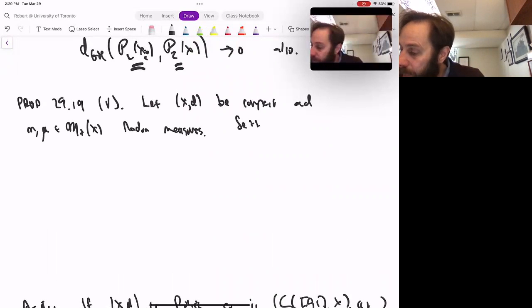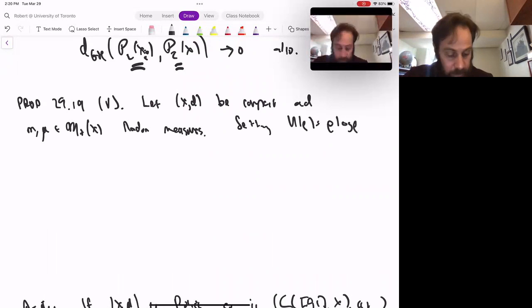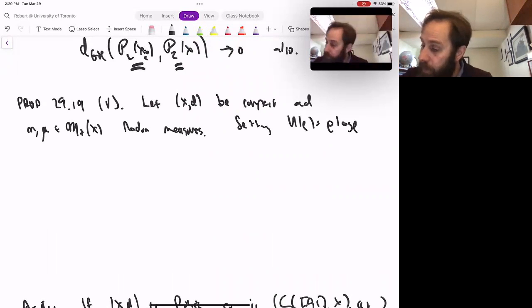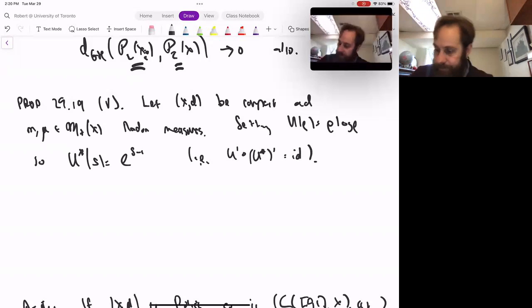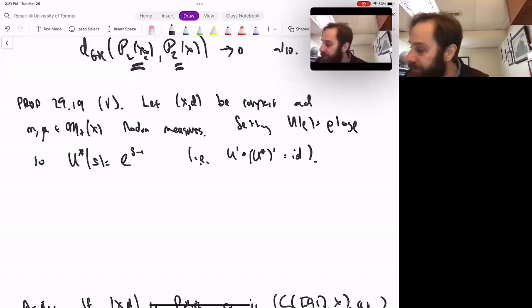Setting U(rho) to be rho log rho, its Legendre transform, I should use a different letter for the transform variable, is a function of s that you can calculate to be e to the s minus 1. In other words, the derivative of U composed with the derivative of U star equals the identity map in both directions. That's how you check that you've correctly found the Legendre transform.